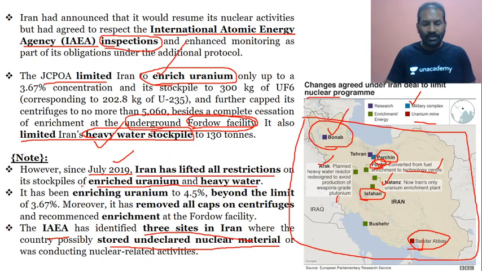Iran is reeling under an economic crisis, and that is the cause of concern. Due to these reasons, the US has to go ahead with easing of economic sanctions.